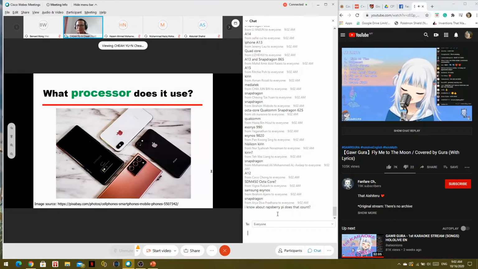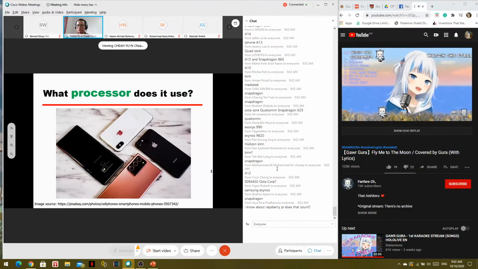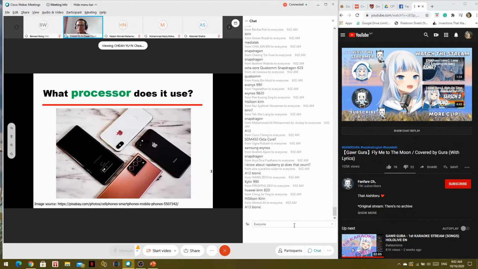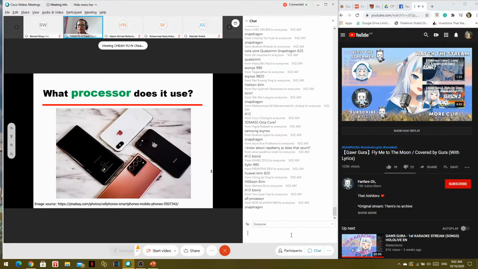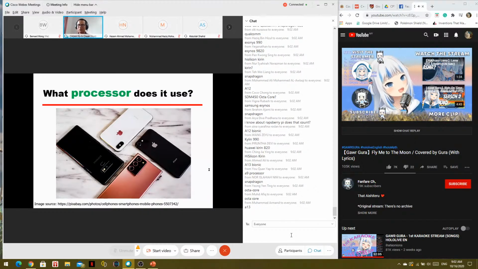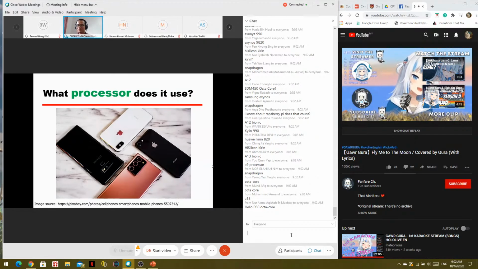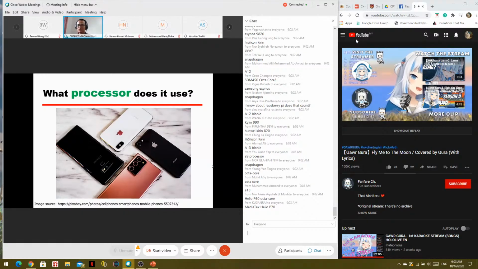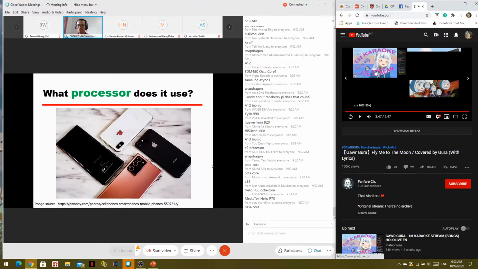A14, A10, Exynos, Snapdragon, A14, A13, quad-core. It's either the ARM processors or one of the Apple processors or something like that. Kirin, MediaTek, Snapdragon, Exynos, Kirin, and NVIDIA.